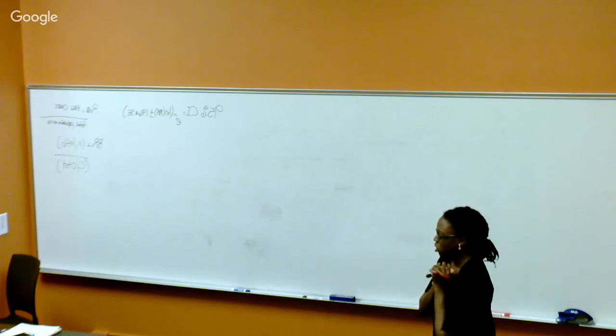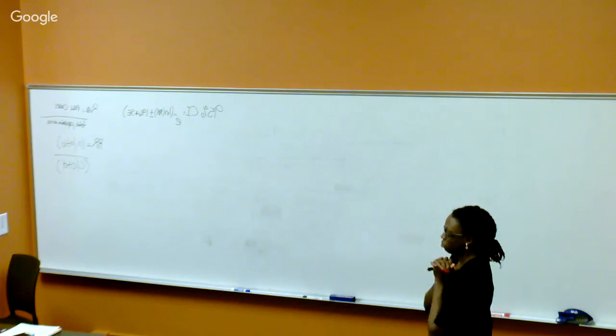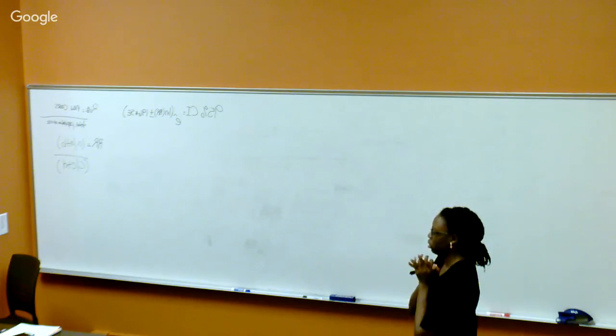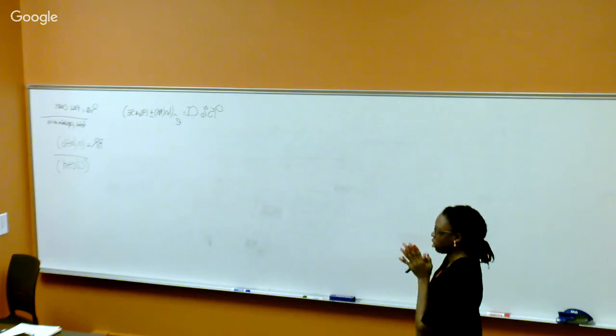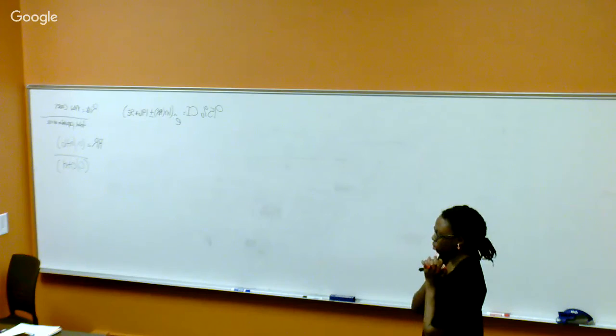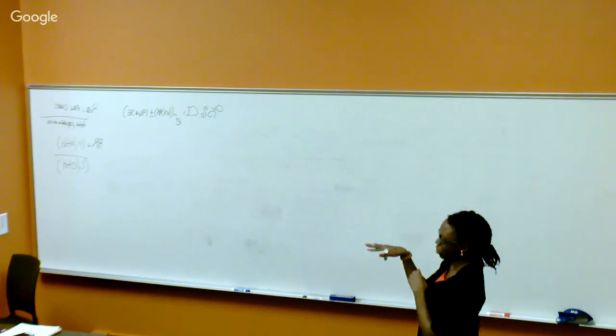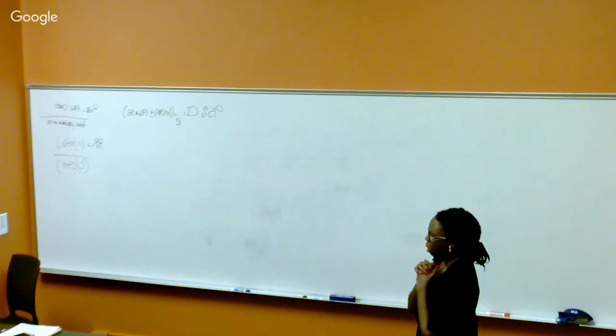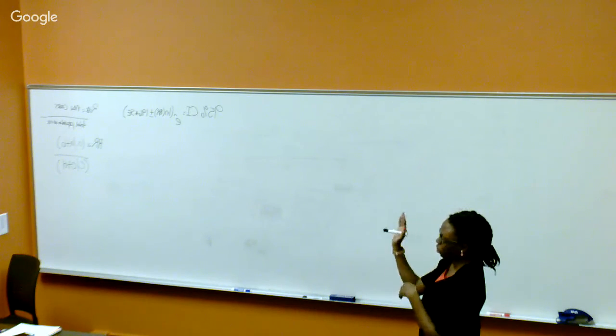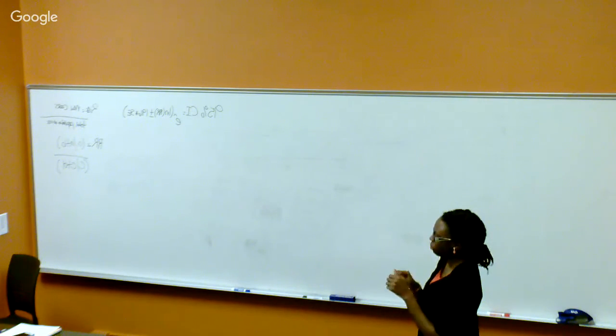And so an example of a measure of association would be a relative risk, right? Because we're looking at how the risk compares in one group compared to the other. So usually it's looking at exposed compared to unexposed.